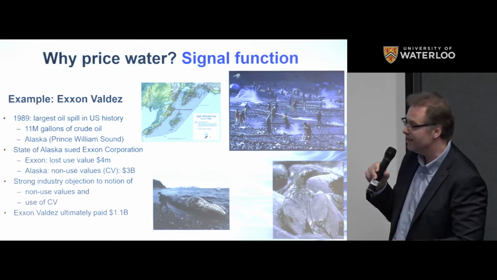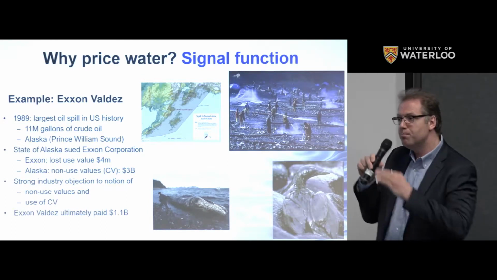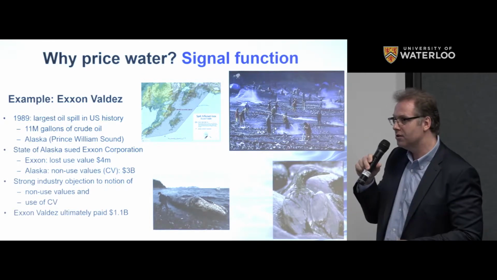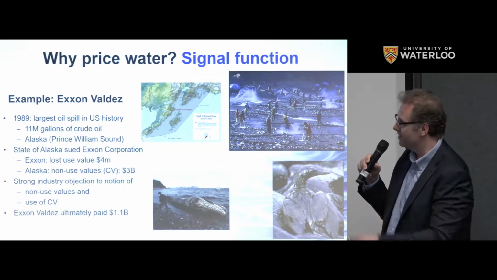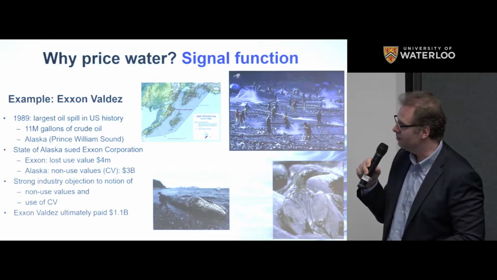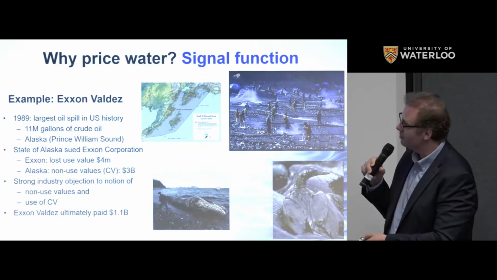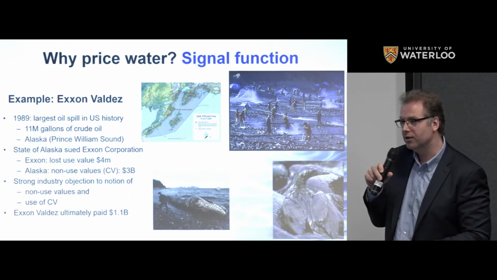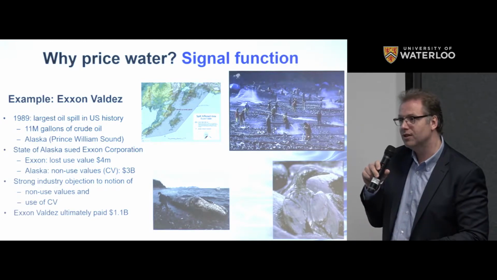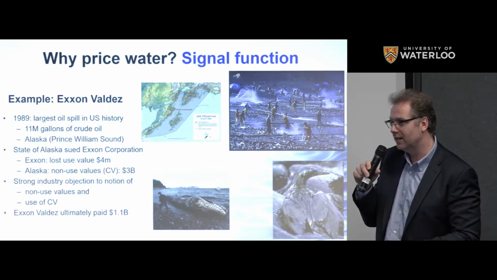But then based on economic valuation methods of the wider public goods and services involved that were considered damaged by the oil spill, not just now, but decades into the future, was valued at 3 billion. And then in the end, Exxon settled in court and was urged to pay 1.1 billion to compensate for the environmental damage costs that they caused.